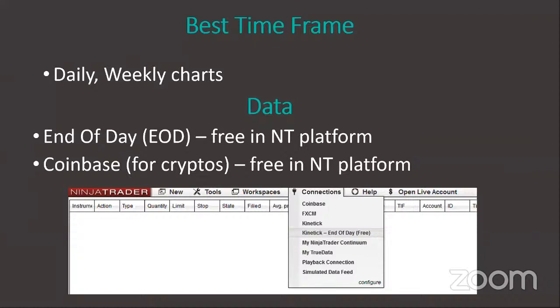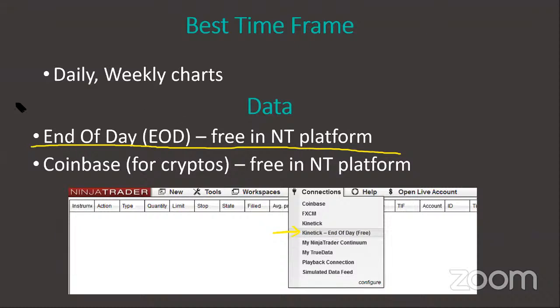Now, regarding the data you're going to need, very good news is that you don't need to pay for any data, because NinjaTrader has an end-of-day data feed, free in the NinjaTrader platform. It is in here. You just connect to it, and it will have almost all the instruments you will need.